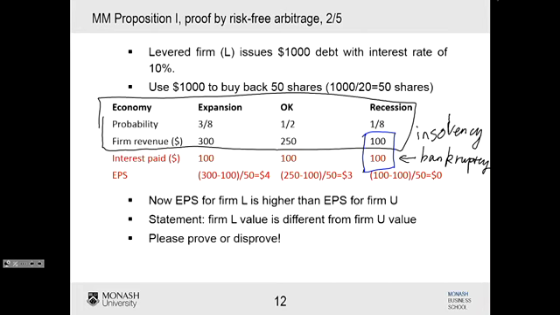And that's the major reason for possible insolvency cost for using debt financing. And in this case, earnings per share becomes 0.